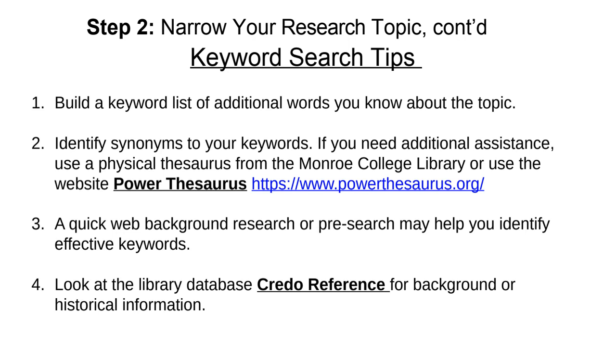If you need help with finding synonyms, pick up a thesaurus at the Monroe College Library, a physical thesaurus, or you can use the website, which is called powerthesaurus.org. Let me pull it up here just so you can see.